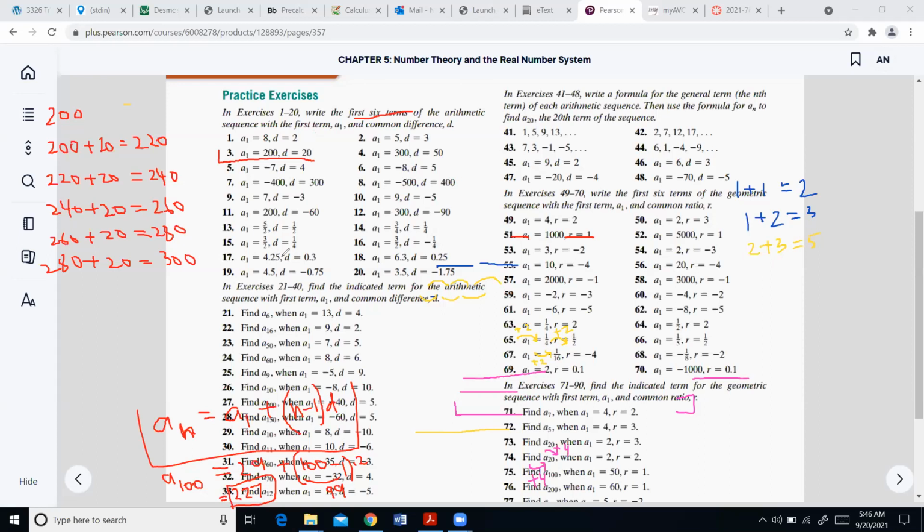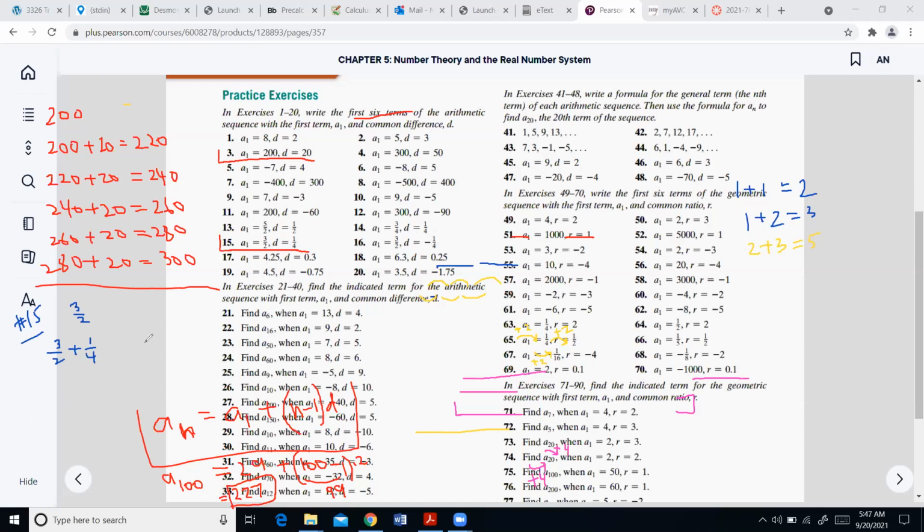Okay, you say, Alex, what about one with fractions, like exercise number 15? Well, that'd be the same thing, actually. What you need is to definitely use a calculator for this, because otherwise you'll be stuck with these fractions for a while. So the first term is 3/2, right? The next term will be 3/2 plus a quarter.